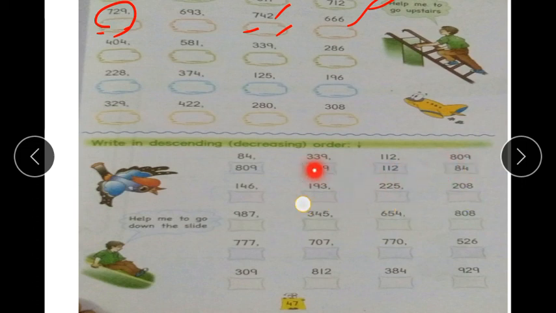Look at the 100 place. You have to write the numbers in descending order. Descending order, decreasing order, that means big to small. Okay. Now see, here is 3, here is 1, here is 8. Which one is the biggest in the 100 place? 809 is the biggest. So you have to write 809 first. That is over.